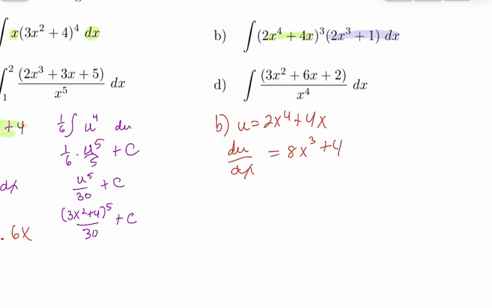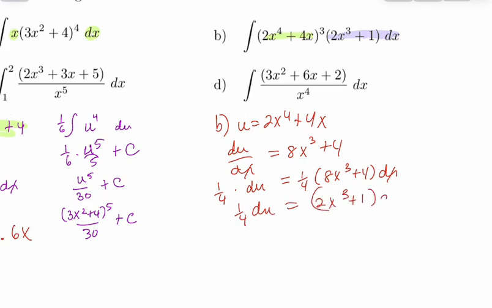We could divide by 4, right? So let's multiply each side by 1/4. Move that dx over. And we get that 1/4 du is equal to exactly what we want.